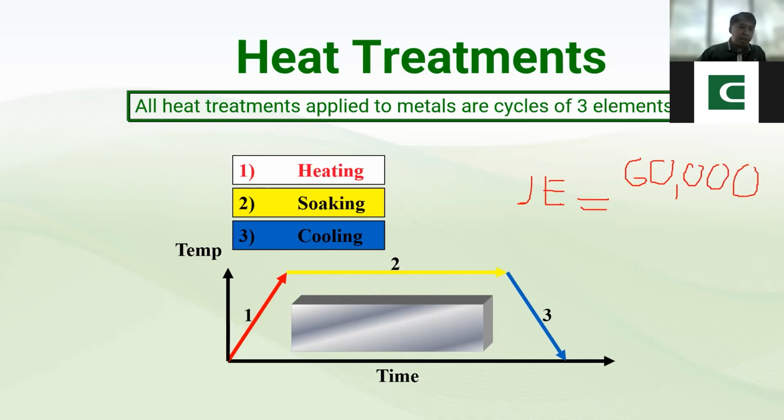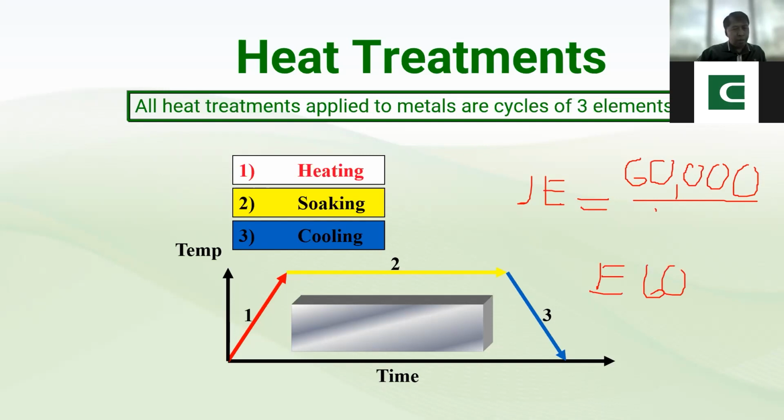Ima-match mo dapat yung gagamitin mong electrode. Okay? So kung anong gagamiting electrode kapag 60,000? So meron tinatawag tayo na E6011. So 60 is the tensile strength of your welding electrode.